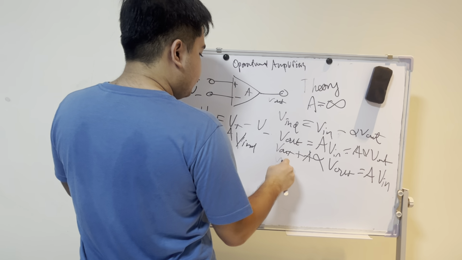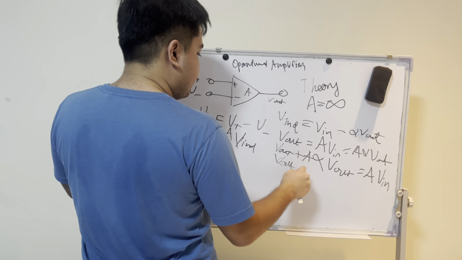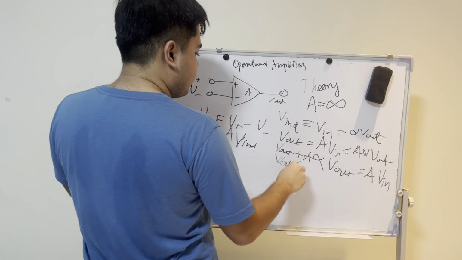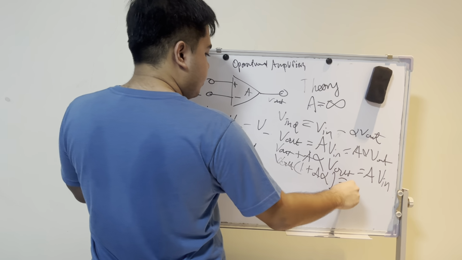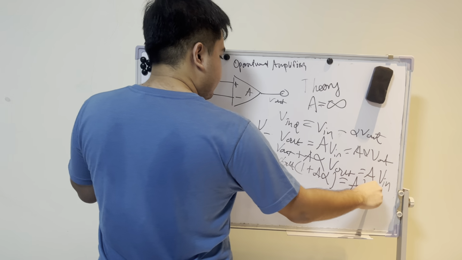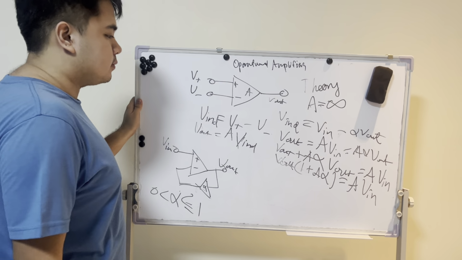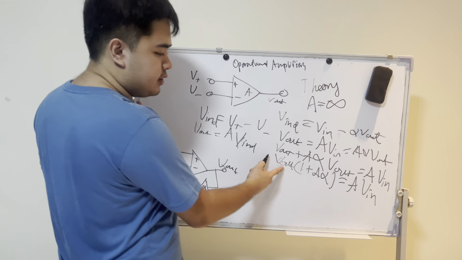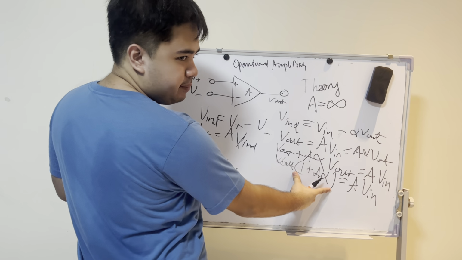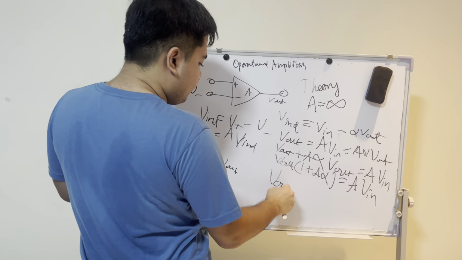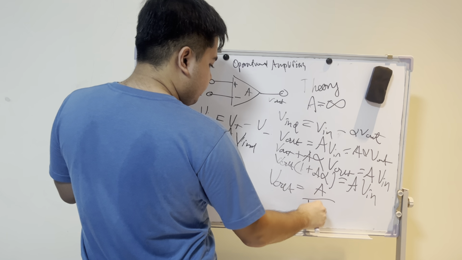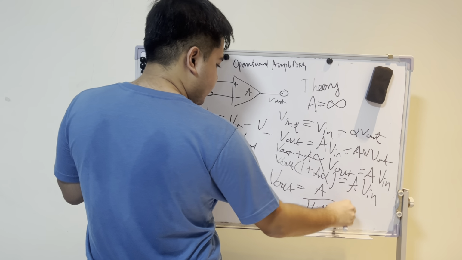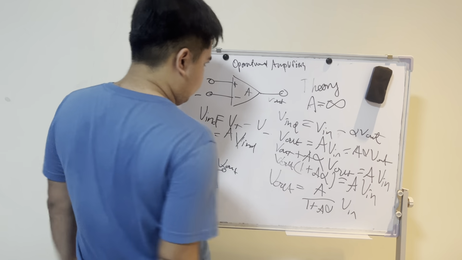So we get V out times 1 plus A alpha equals A V in. Let's isolate V out by dividing by this. So V out equals A over 1 plus A alpha V in.